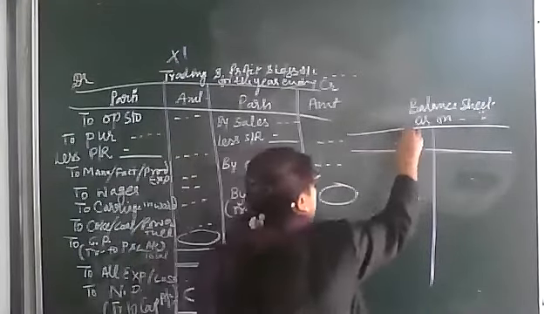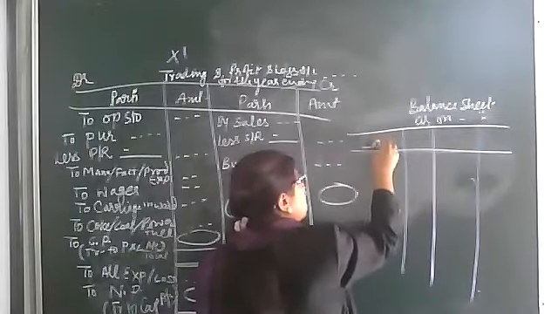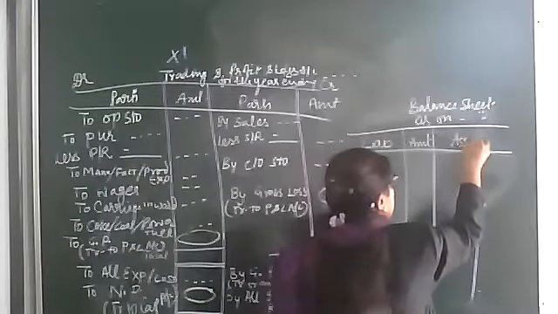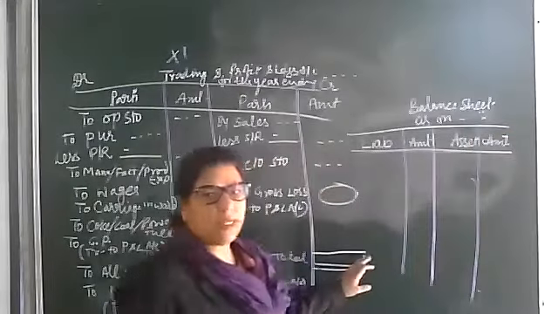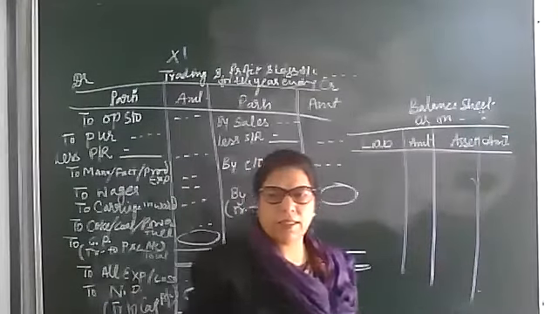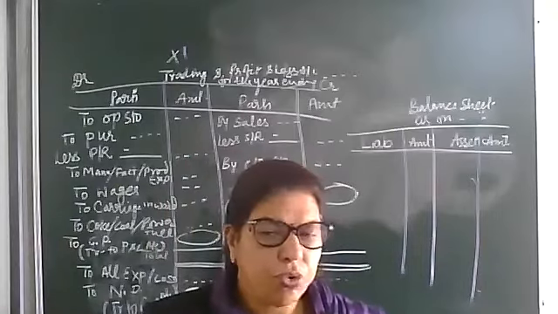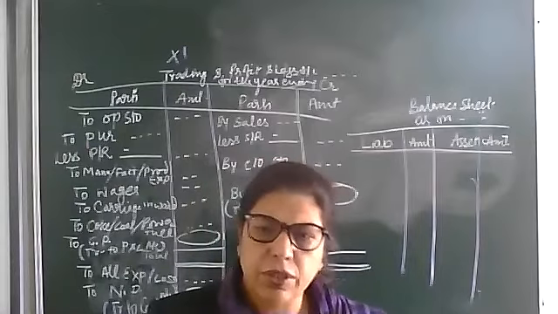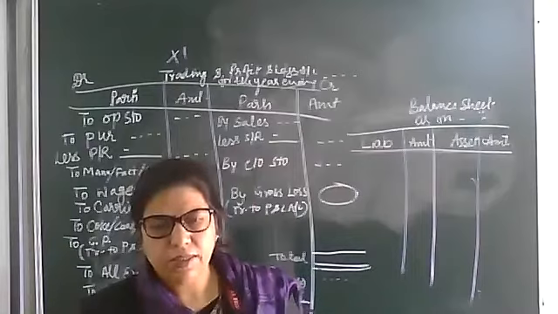So balance sheet as on, and this is classified in two parts. One is liabilities amount, assets amount. This is liability side, this is asset side. Now in the asset, we have two orders, permanence order or liquidity order. So asset can be written in both ways.